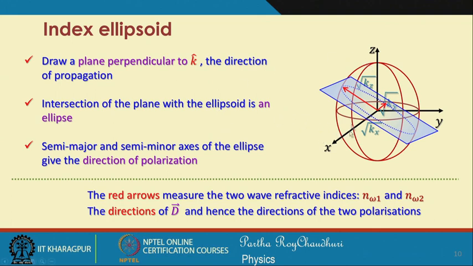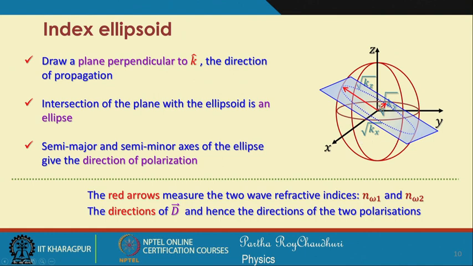So, by geometrical construction we can identify the polarization directions, and the values of the magnitude of this vector will represent, with appropriate scaling, the solutions, that is n omega 1 and n omega 2. We will see that.